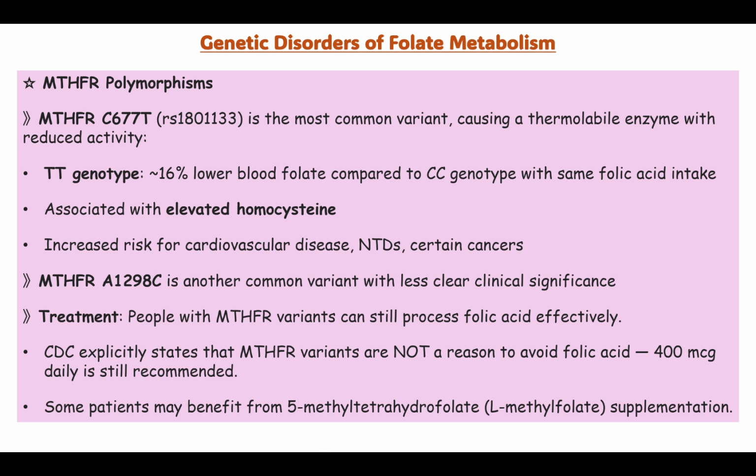Individuals with the TT genotype have approximately 16% lower blood folate levels compared with those with the CC genotype even with the same folic acid intake. This variant is associated with elevated homocysteine and increased risk of cardiovascular disease, neural tube defects, and certain cancers. Another common variant is MTHFR A1298C, although its clinical significance is described here as less clear.